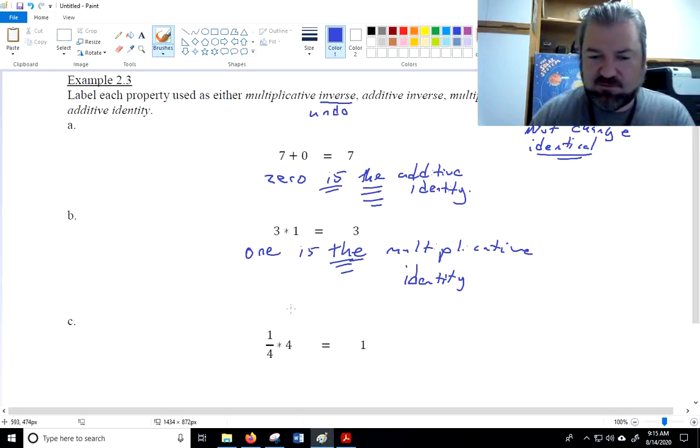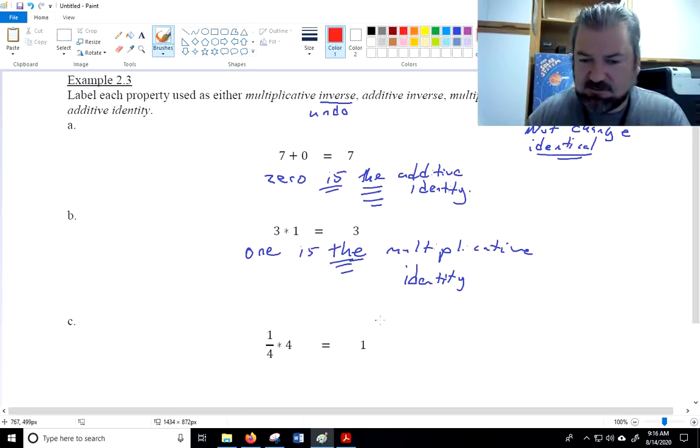We have 1/4 times 4 is equal to 1. So can you see the kind of canceling out, the undoing? I want you to think about this as being an inverse kind of thing. And what we see is that 4 is the multiplicative inverse of 1/4.